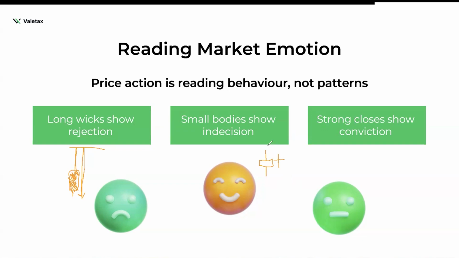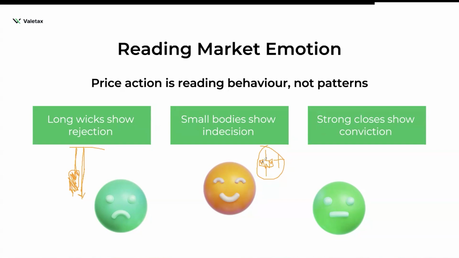So a doji candle basically shows you indecision. Now, what is an indecision on a candlestick? You can simply put it as the undecided struggle between buyers and sellers to form a specific direction in which the market should go.